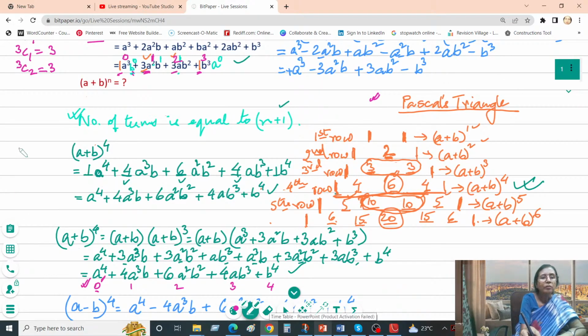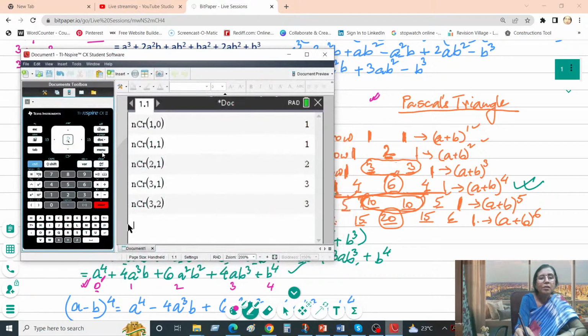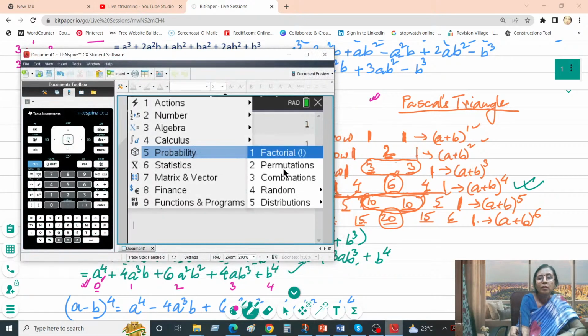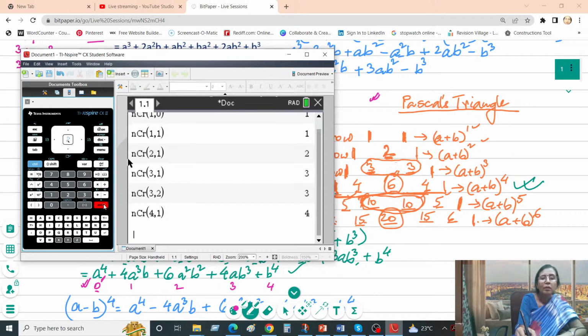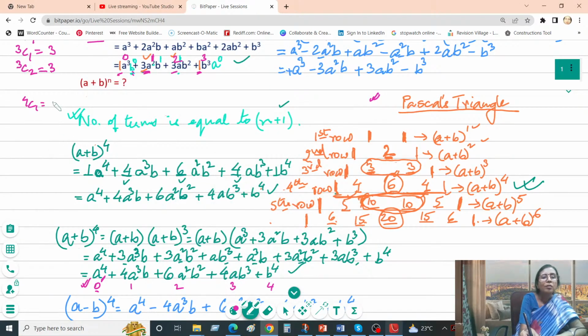4C0 we know, so we start with 4C1. 4C1 is 4 comma 1, 4. So it is 4. See, this is 4.